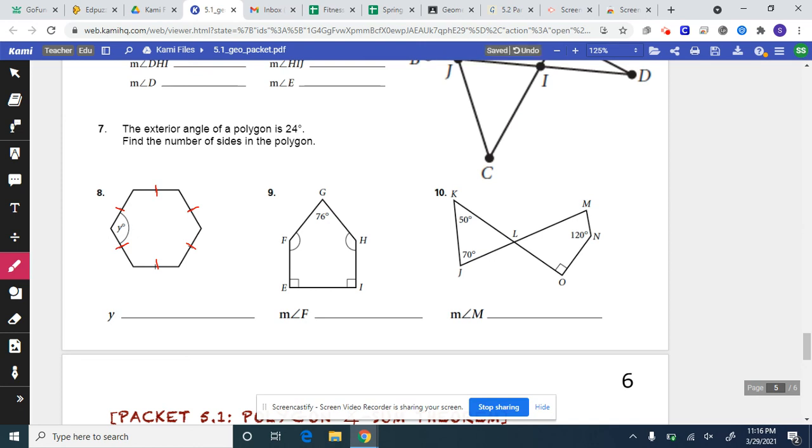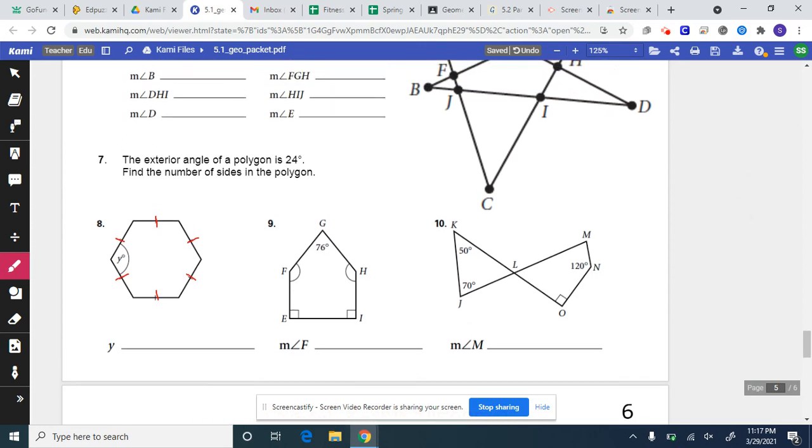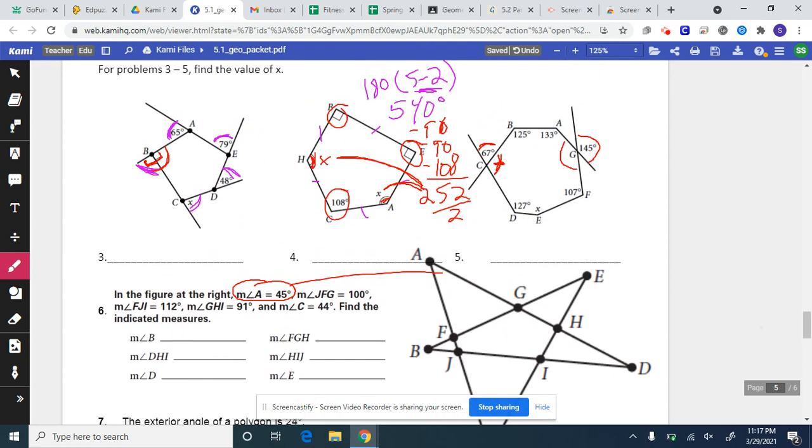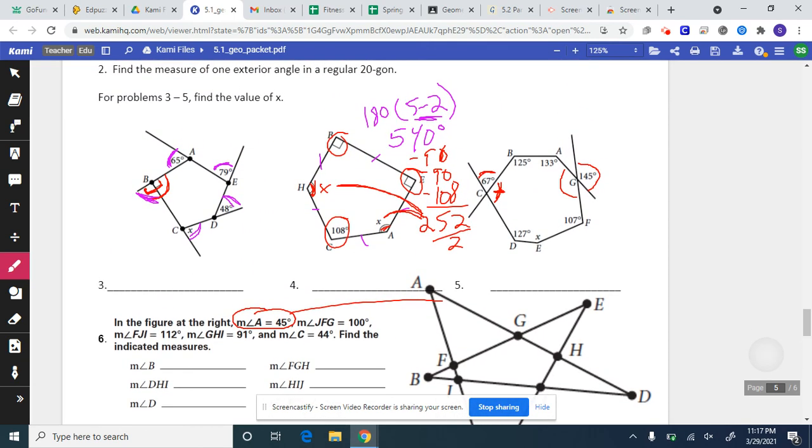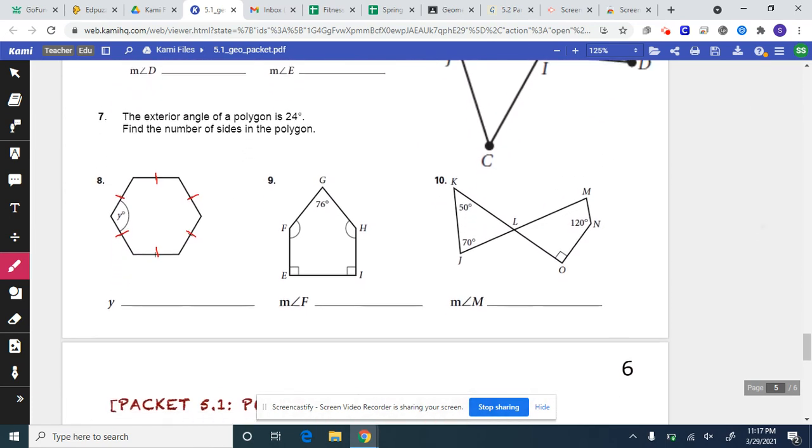And then we just plug 6 into our formula to get the angles. Okay, and it's going to be the each, not the sum for this one. Number 9 is very, very similar to what we did up here for number 4. So you can pretty much follow the same process we did for number 4, for number 9.